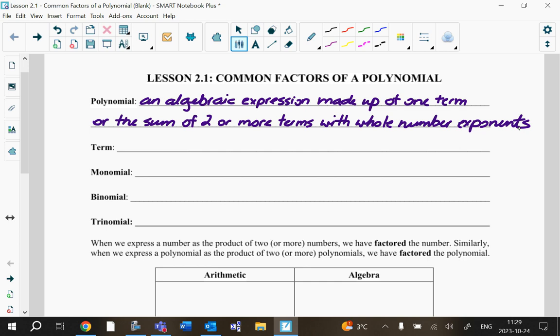So like a polynomial, it could be made up of, when I say terms, a term is a variable, maybe with an exponent, a number, or a product of the two.